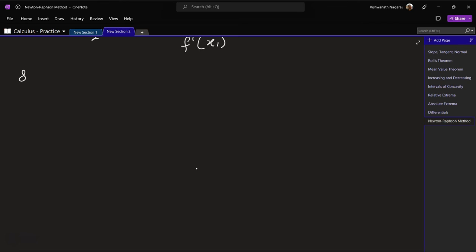Okay. So eighth one, y is equal to sine x and y is equal to minus x cube minus 2, and the initial guess is minus 1.2. And here again we have to figure out the value of x where they both intersect each other.